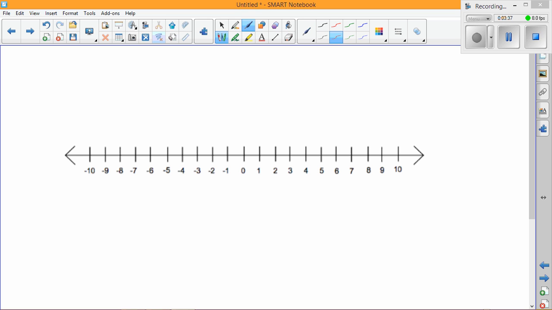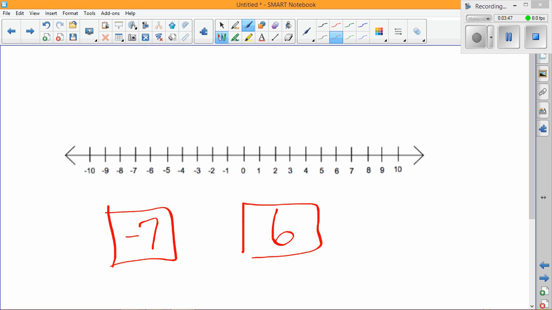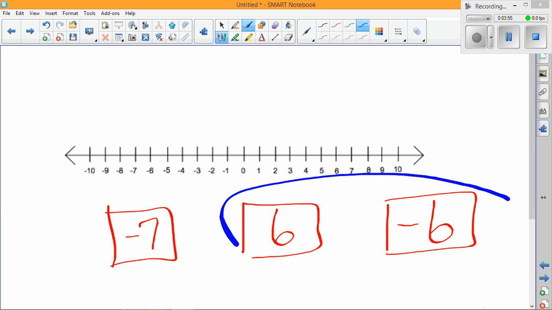So the integer game, let's talk about that real quick. We'll refresh that because that's important. If you're playing the integer game and you get a card with a -7, a 6, and a -6, I can pair these two cards up and know that they are equal to 0 because a 6 and a -6 is equal to 0.